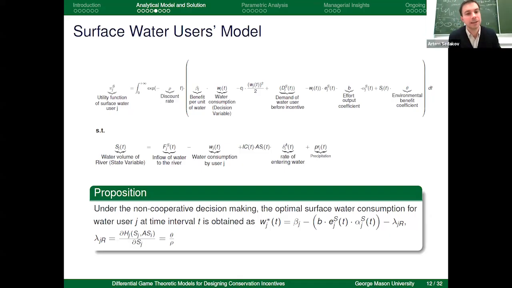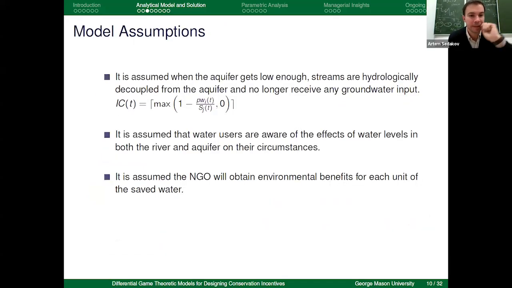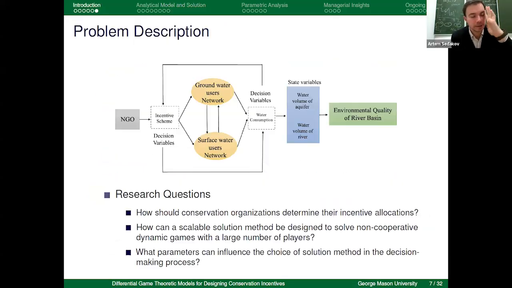Again, my question about the structure. Am I correct saying that the groundwater user solves an optimization problem, not the game? Or actually, does the objective function of a groundwater user depend on the NGO's action, or is it independent?